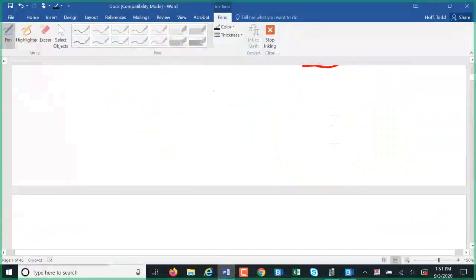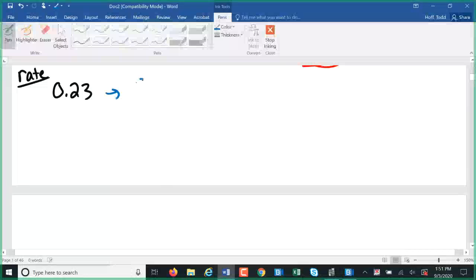Sometimes I need to switch from that decimal back into a percent. Well, we said this is called a rate. 0.23 as a rate means 0.23 out of every 1. A rate is called a unit rate.